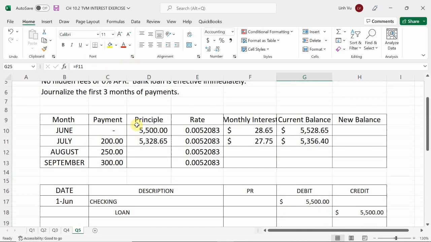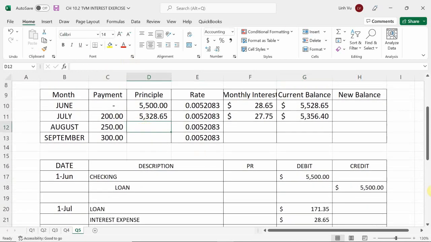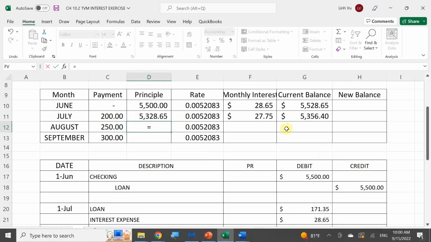So then, what's my new principal going to be? If I made a payment of $250, what is going to be my new principal? $5,106.40.